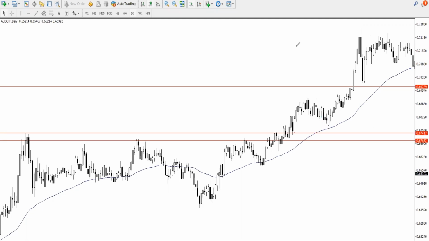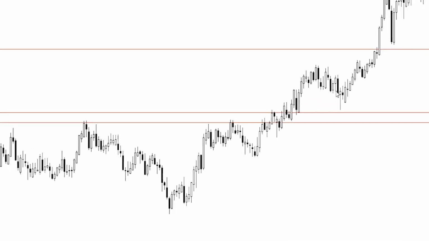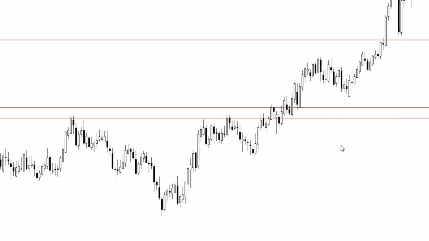So traders, without getting into a long-winded lesson about pin bars, when you see a pin bar form, and a pin bar is characterized by having a long pin, generally around 2/3 the size of the body, where it stands out from the rest of the surrounding price action.